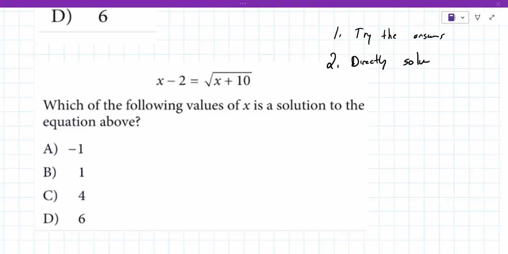It's D, right? You said letter B or D? D. Yes, it is D.